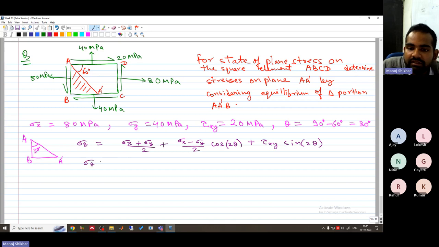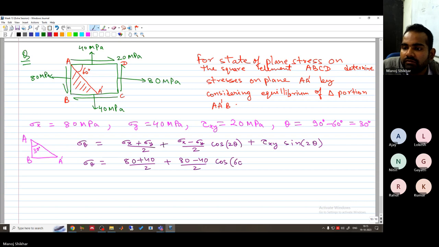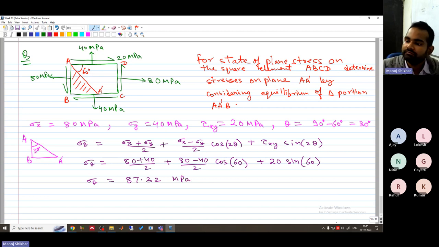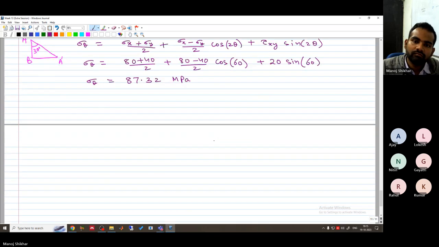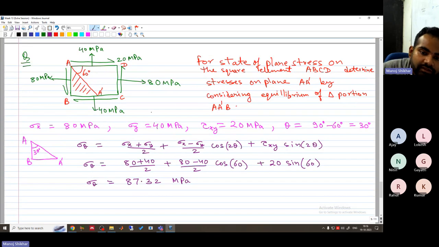So basically sigma theta equal to 80 plus 40 upon 2 plus 80 minus 40 upon 2 cos 60 plus tau. So if you solve this, you will get sigma theta equal to 87.32 MPa. Okay. So this is sigma theta.